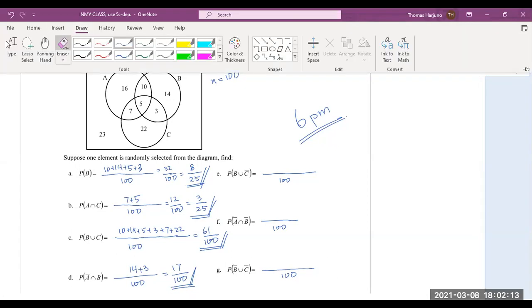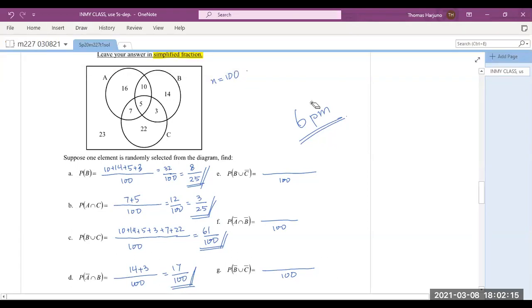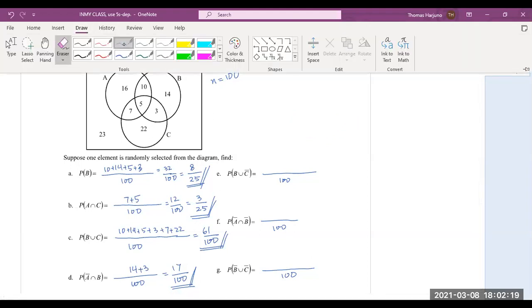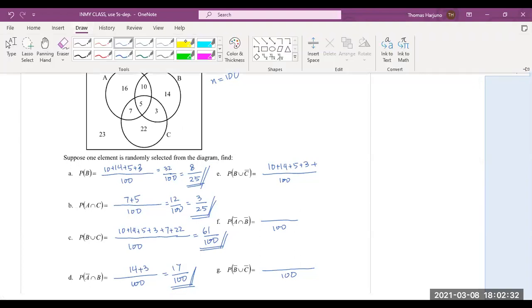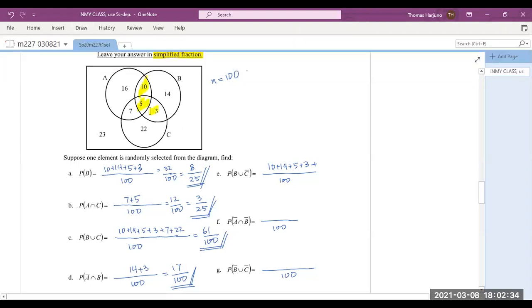How about in B or outside of C? In B, 10 plus 14 plus 5 plus 3, or outside of C? Outside of C are these.